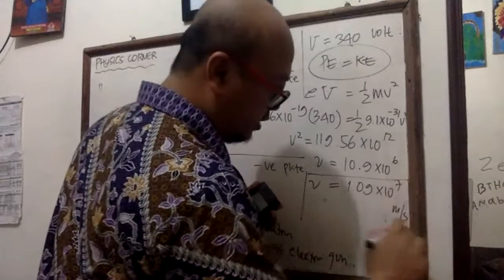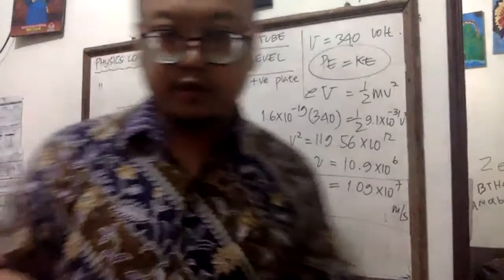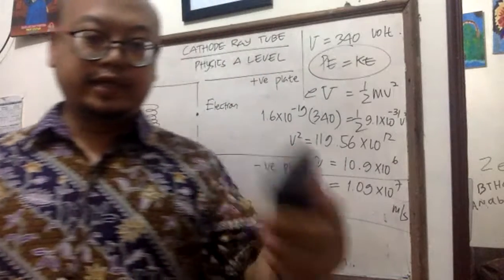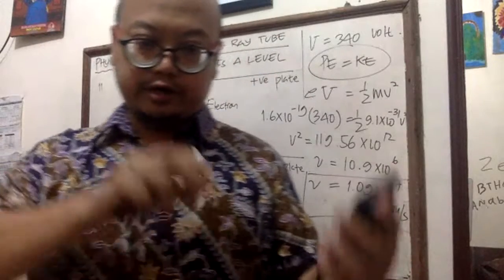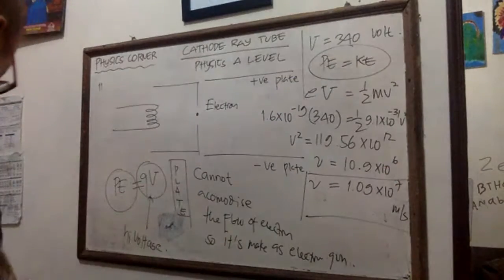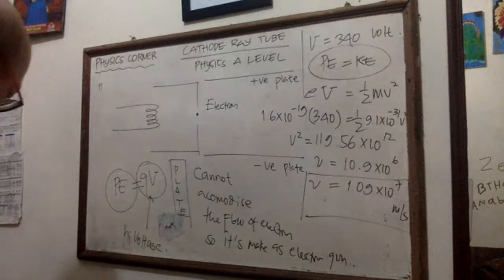This is the electron velocity, the electron speed when they come from rest and have been accelerated by potential energy. Okay, now the other question.